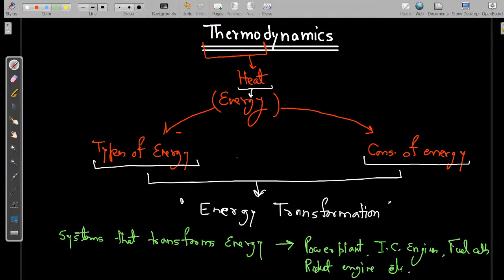So you can see there is a vast application of thermodynamics in our day-to-day life. Now, what will be the way of teaching in this subject? I will be raising some questions with the help of three question words: why, how, and what.